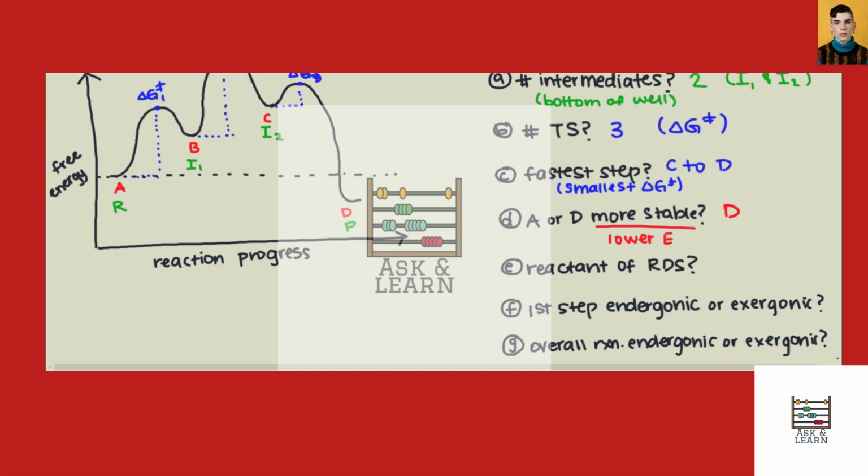And so your rate determining step is going to be your largest delta G. Now this isn't drawn as nicely as in the book, but if you look, your RDS is going to be this delta G double dagger 2, the structure here. So it asks for the reactant of the rate determining step, so that would be B.